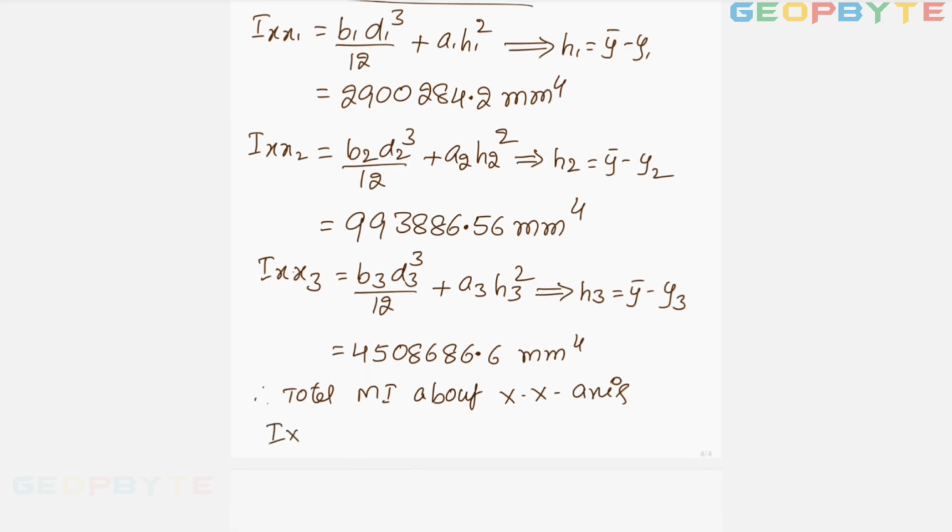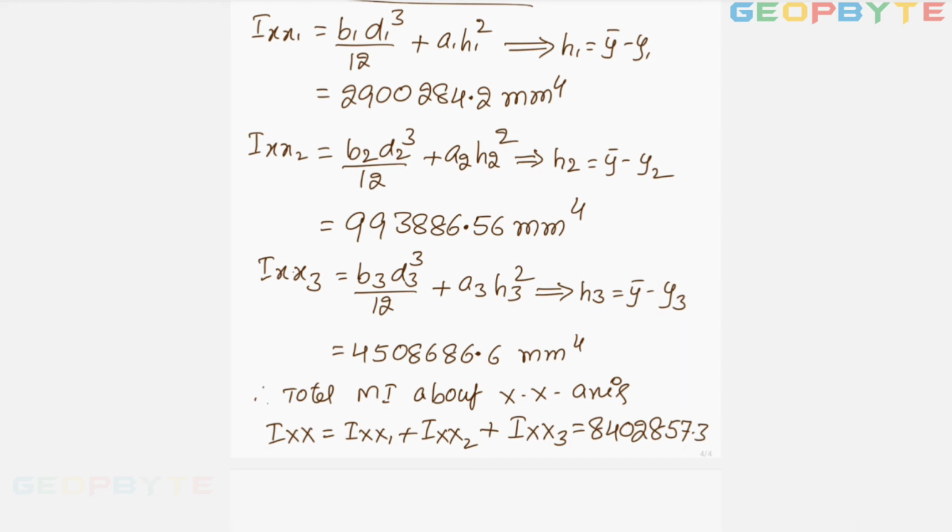Ixx equal to Ixx1 plus Ixx2 plus Ixx3. Simplify it for getting the value 84028 57.36.